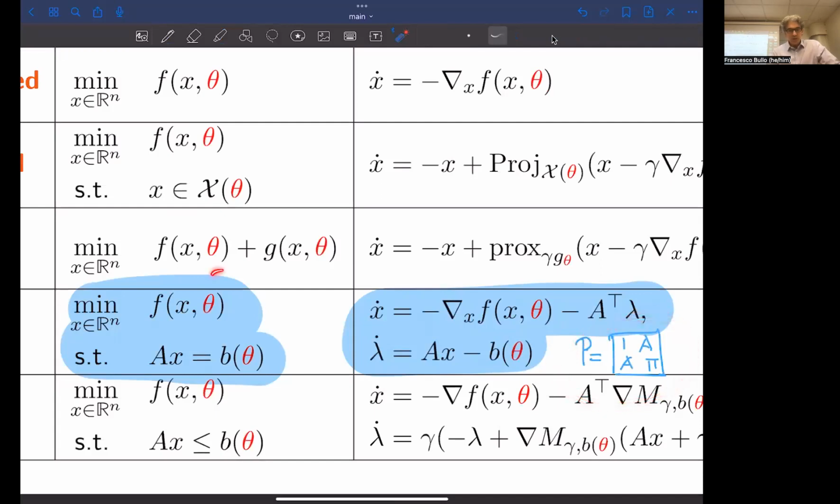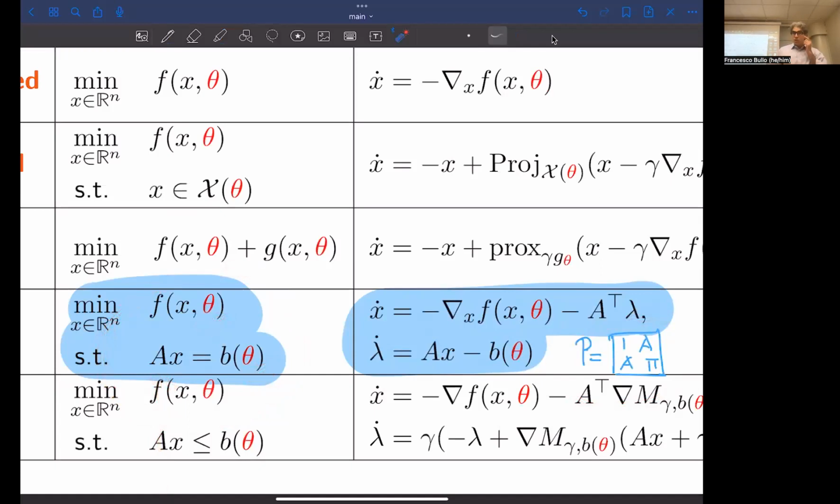So in other words, when I think about where theta can appear, I can put theta inside F, I can put theta inside B, but if I put theta inside A, I have got a problem. Because now the norm with respect to which I am hoping to prove contractivity is time dependent. And I have not yet explained to you how to do contractivity with respect to a time varying norm.